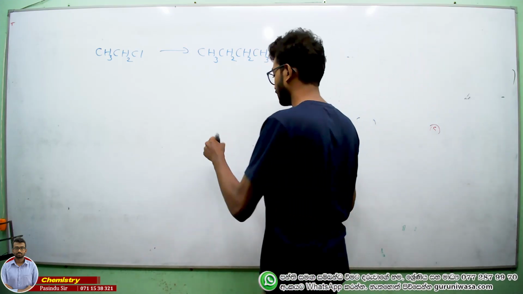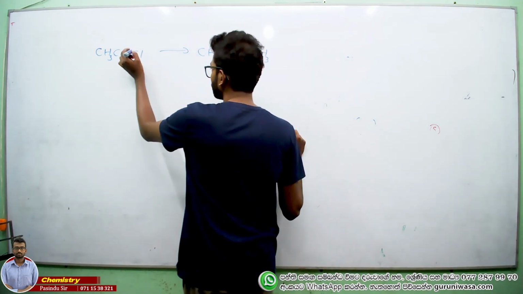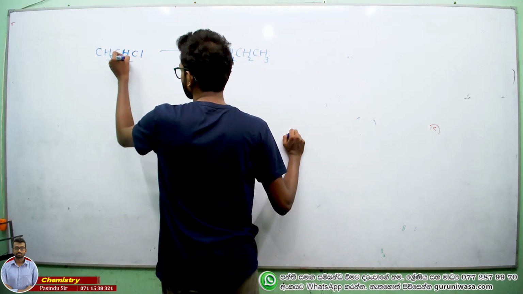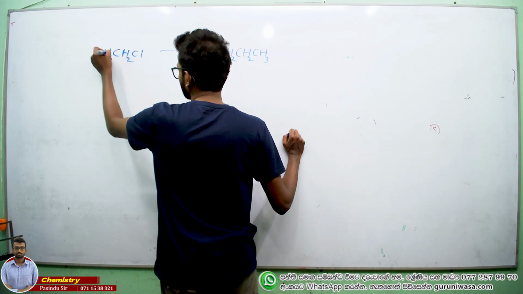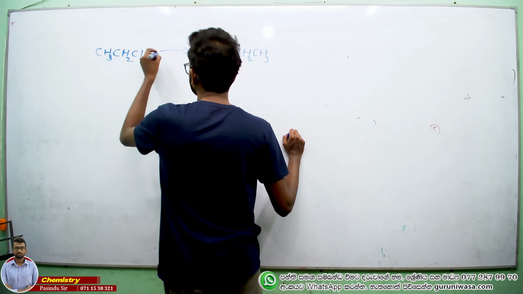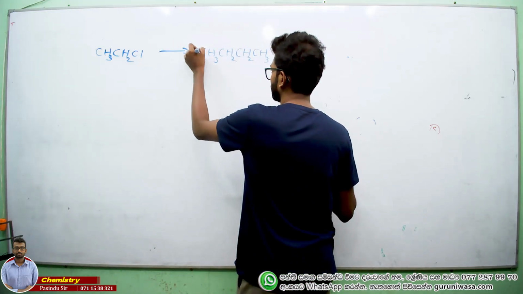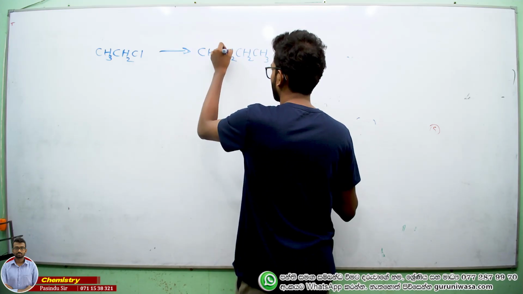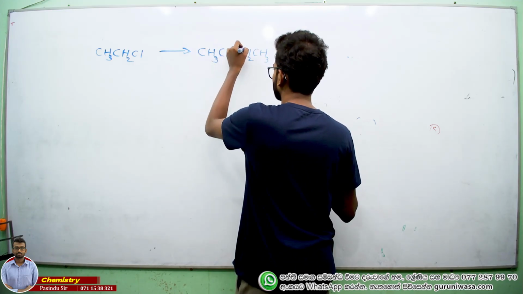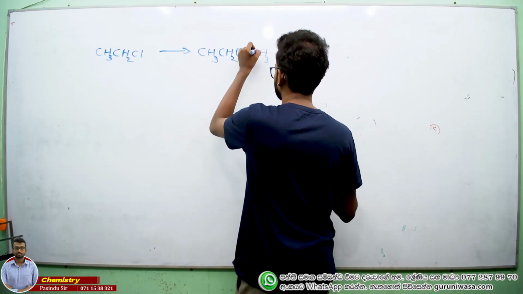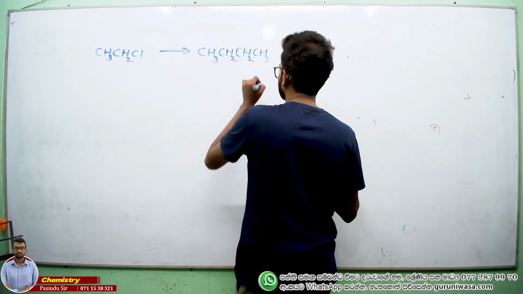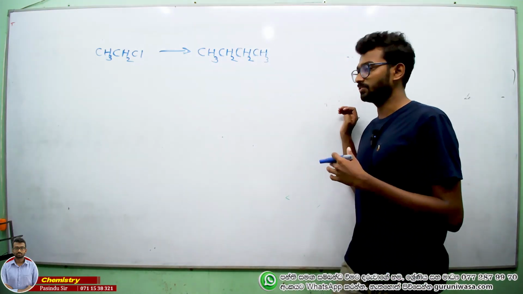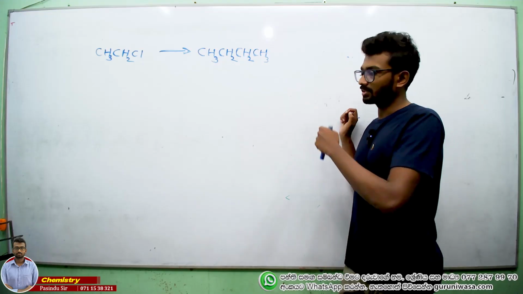Therefore, learn how to think. When you see the question, you should learn how to find the pathway. These conversions are very easy actually. These are beginner level ones, and they contain few steps.